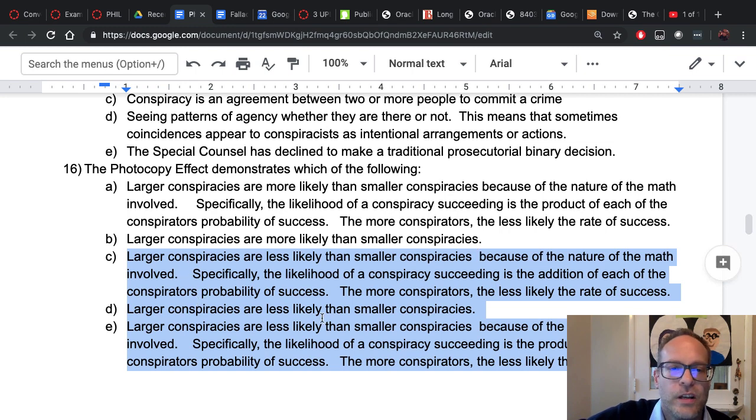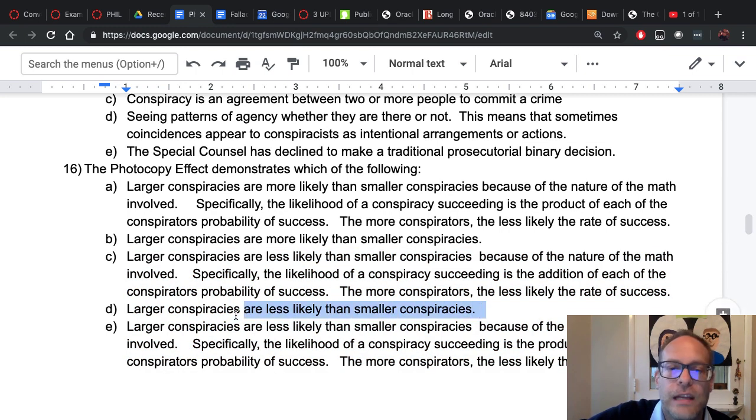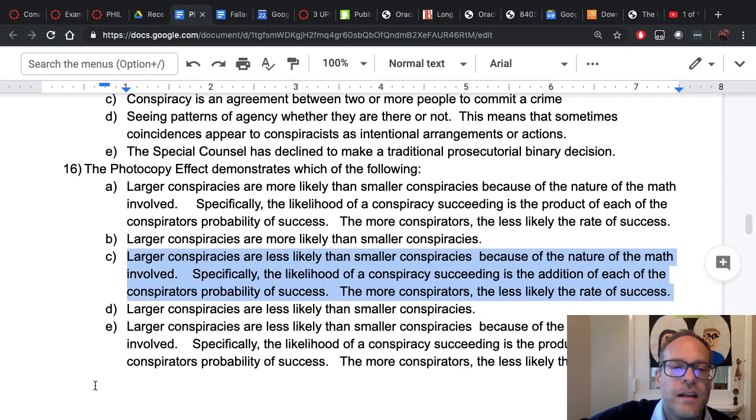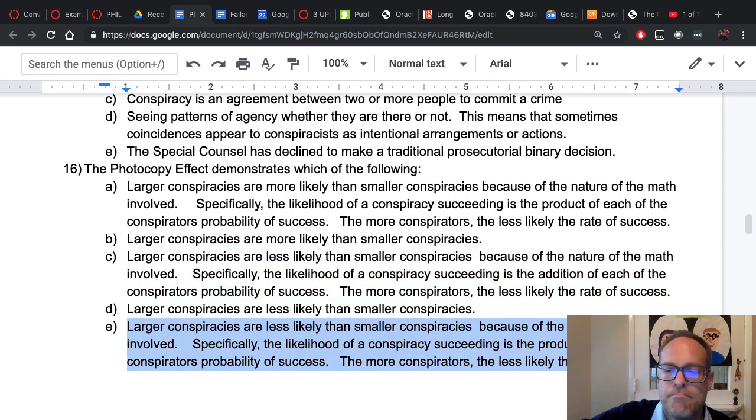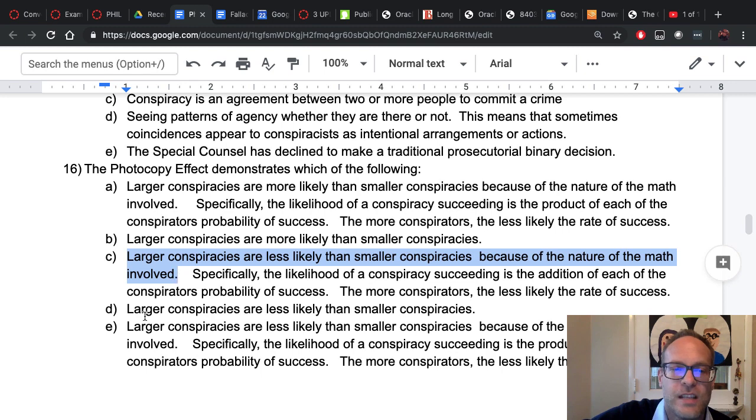Now, larger conspiracies are less likely than smaller conspiracies. Okay, that's good. D looks like a general answer, but if either C or E are going to be more complete and more correct, then we want to pick one of those. So we'll put D in our back pocket, but let's decide between C and E. Larger conspiracies are less likely than smaller conspiracies because of the nature of the math involved. C and E are the same first sentence.